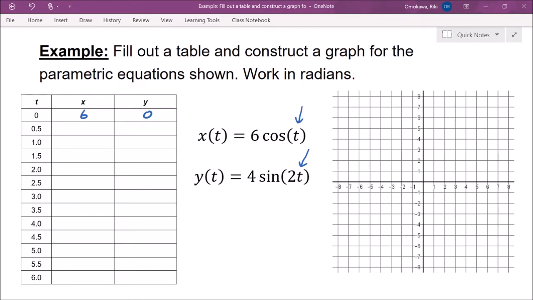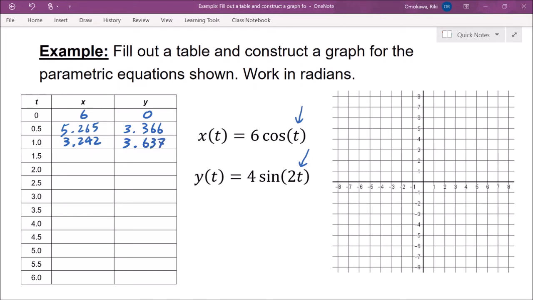So for example, t equals 0.5, you get around 5.265. Don't forget to have your calculator in radian mode. And then for y, you'll get around 3.366. Next row, around 3.242 for x, around 3.637 for y.